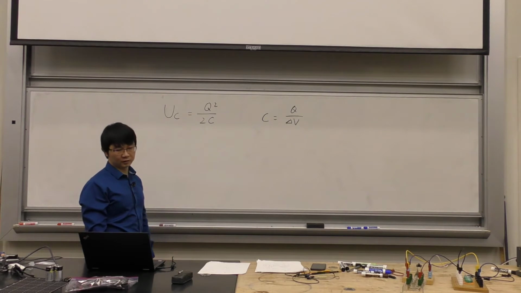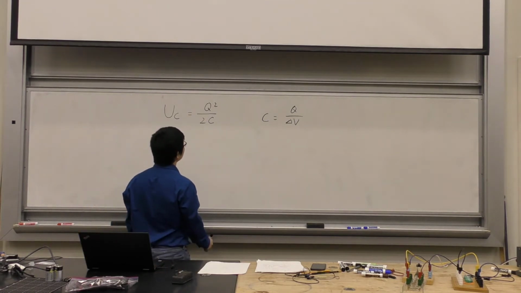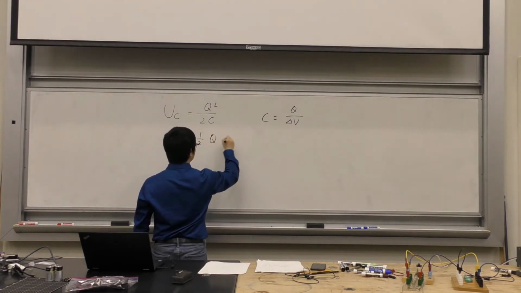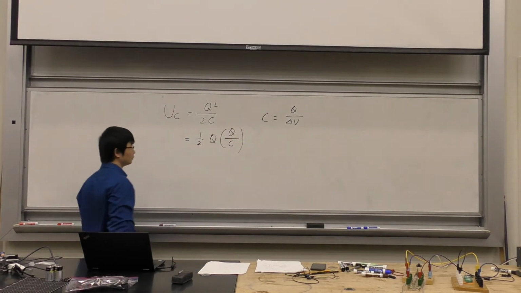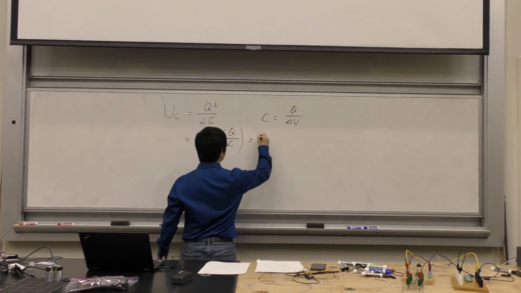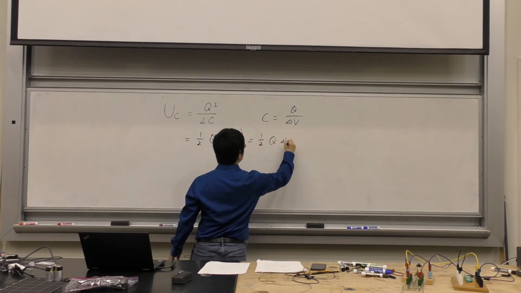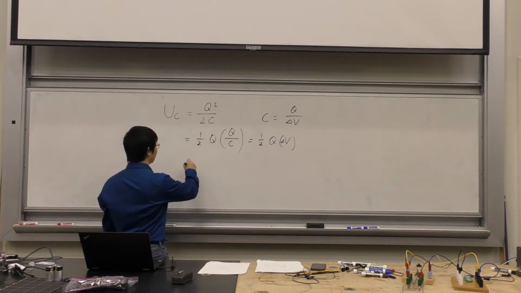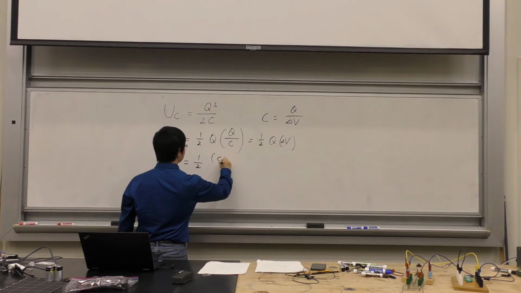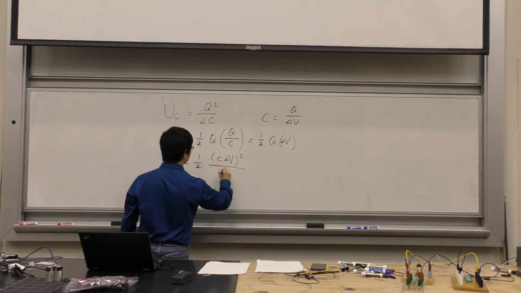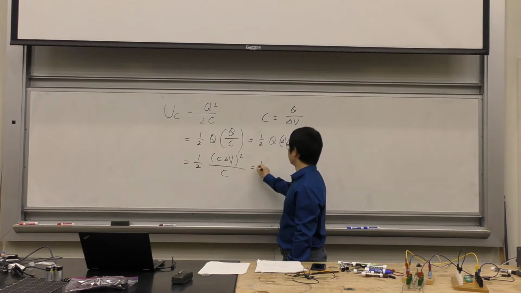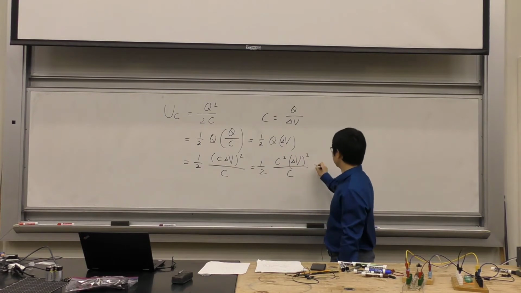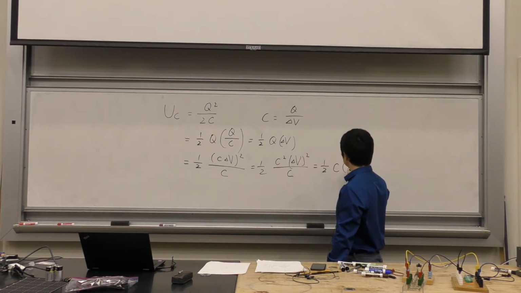For example, I can put one Q and C together, so I can get another form, 1/2 Q times V, because Q over C is just V. Or I can write this Q as CV, and then this is going to give me C squared V squared over C. So that's going to be another form, 1/2 C V squared.